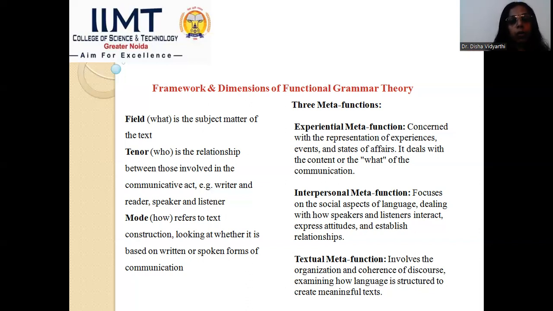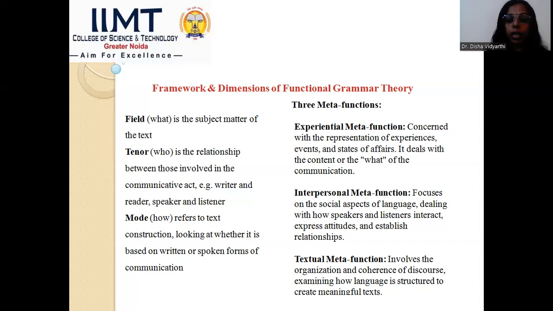Why? Because it focuses more on what? It focuses more on the grammatical structure, the set pattern, the rules. But in functional grammar, the interpersonal relationships, how you are expressing, how the listener is perceiving, how you are getting the replies, it will set a course for your conversation. So that interpersonal value is also one of the meta functions under this functional grammar theory.